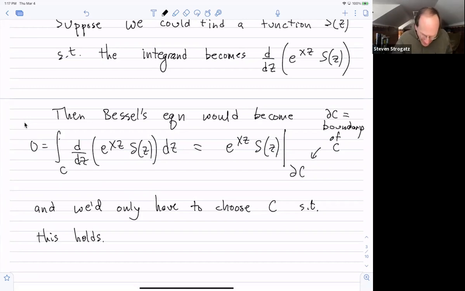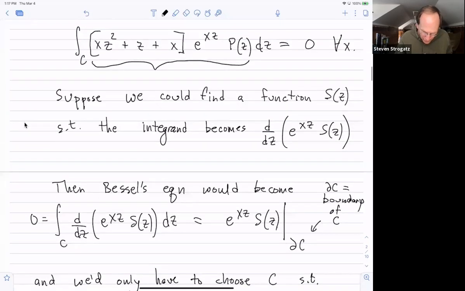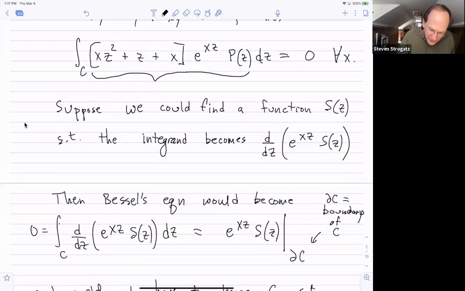That is, going back, we had this earlier wish. We wished that this function S would have the property that d/dz of this expression would equal this integrand. So let's write out what that condition is. That will determine S, in fact.